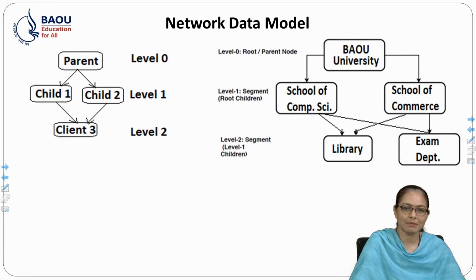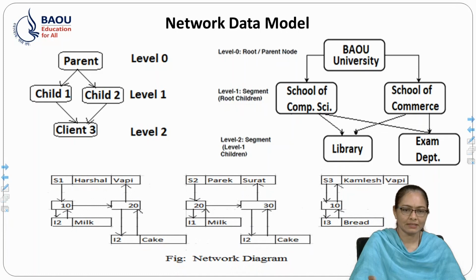Same as the exam department. Exam department is also a child record of the School of Computer Science and School of Commerce. So we can say here a one-to-many relationship is also possible, a many-to-one relationship is also possible, and a many-to-many relationship is also possible. One child has many parents.